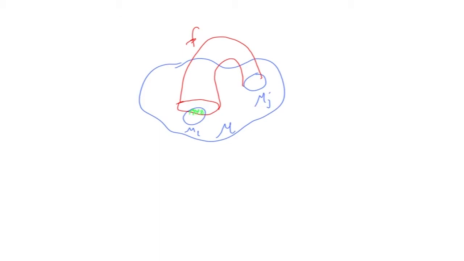So when we start in Mj and we want to find where we got into the other region of the partition, we obviously want to know what this intersection is.